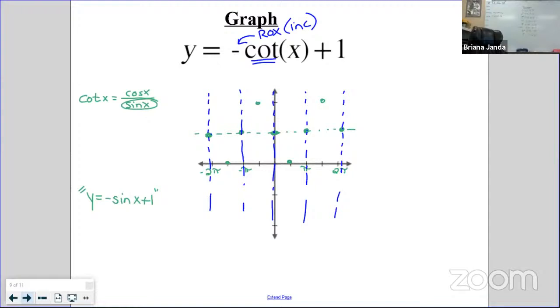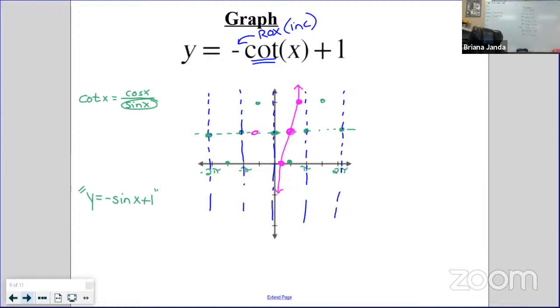So now we follow our pattern. Our first dot must start on the midline. So I'm going to go exactly halfway between my two asymptotes on the midline. Because of the ROX, we're going to make it increase. So go right halfway up 1, left halfway down 1, make it look like a tangent graph, because it's an ROX of a cotangent, all relative to our midline.